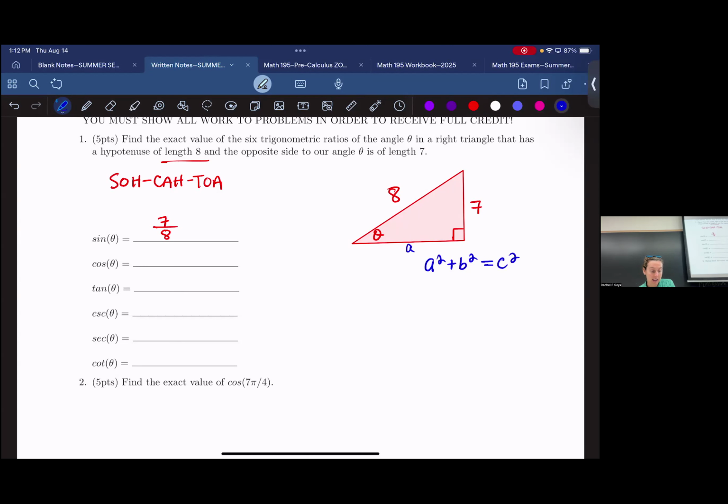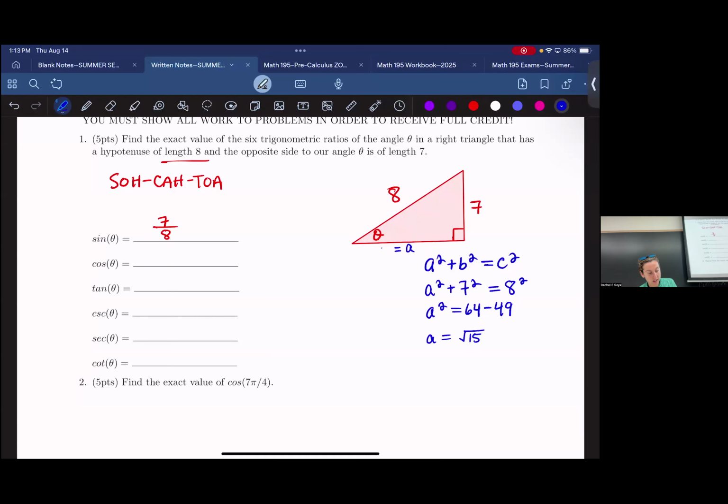We'll call that a since it's a leg. So we have a squared plus 7 squared equals 8 squared. Simplify and we get 8 squared is 64 minus 7 squared is 49. And so we get our a is equal to the square root of 15.